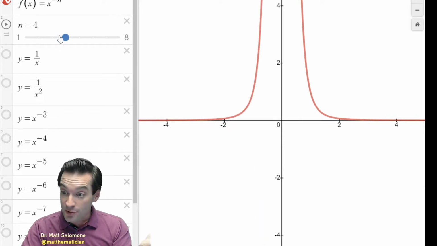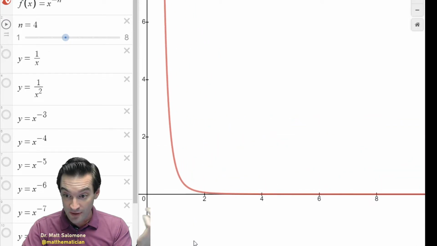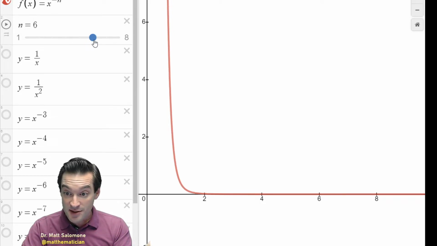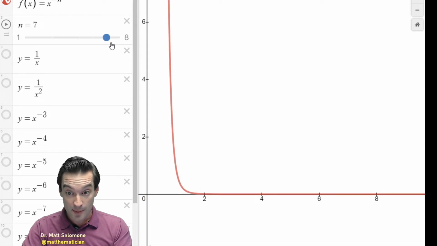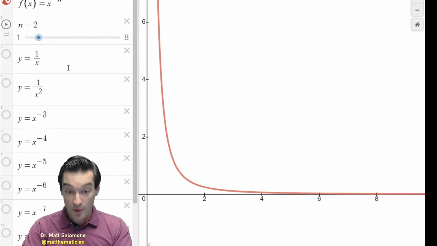It also looks like it's true for x to the power negative 4. Again, remember, we're just looking at the right side of this graph. x to the negative 4 looks like it does it, x to the negative 5 does it too, x to the negative 6 does it too, and so on and so on. So it doesn't appear to matter whether my negative exponent is even or odd in this example. They're all blowing up to positive infinity, all these functions, as x tends to 0 from the right side.